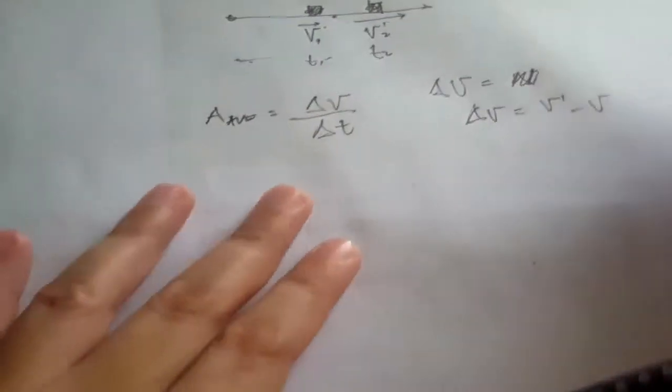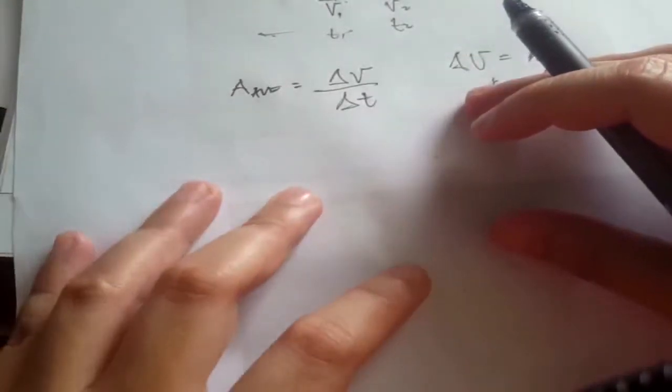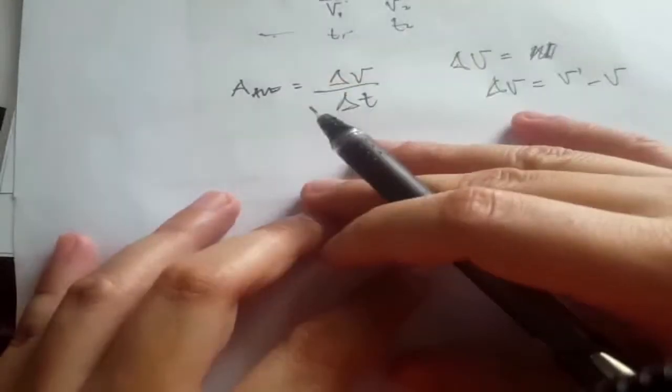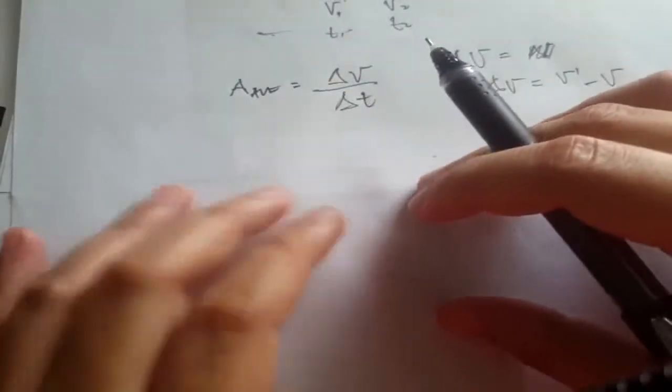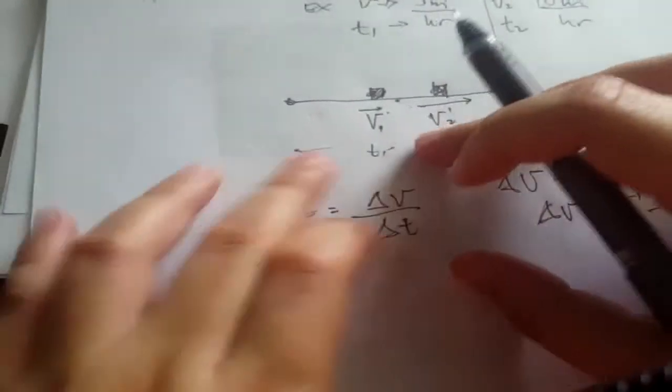Okay, so for instantaneous acceleration at time t, it is a vector found by taking smaller and smaller values of your delta t.